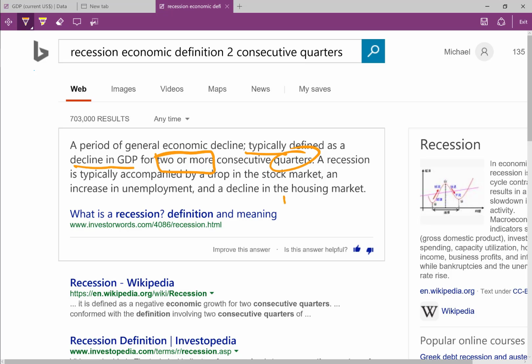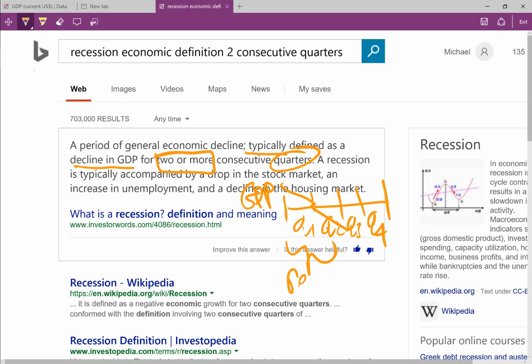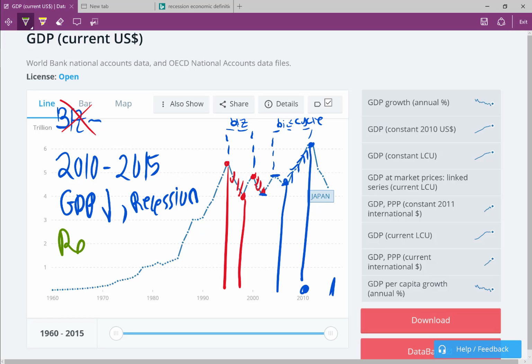And if we take a year, we know that a year has 4 quarters. So we have Q1, Q2, Q3, and Q4. So if GDP decreases in quarter 1 and then again in quarter 2, that is a recession. So you could say it was a recessionary period.